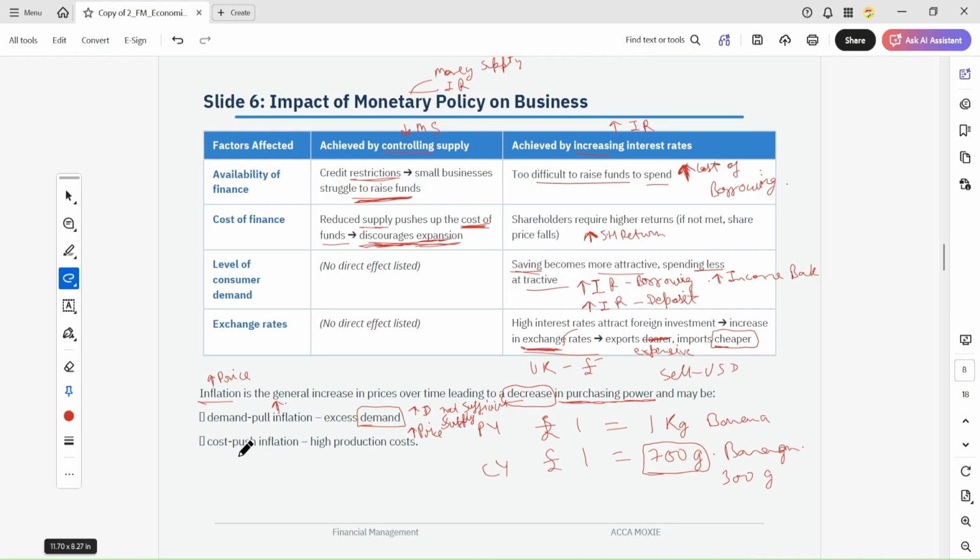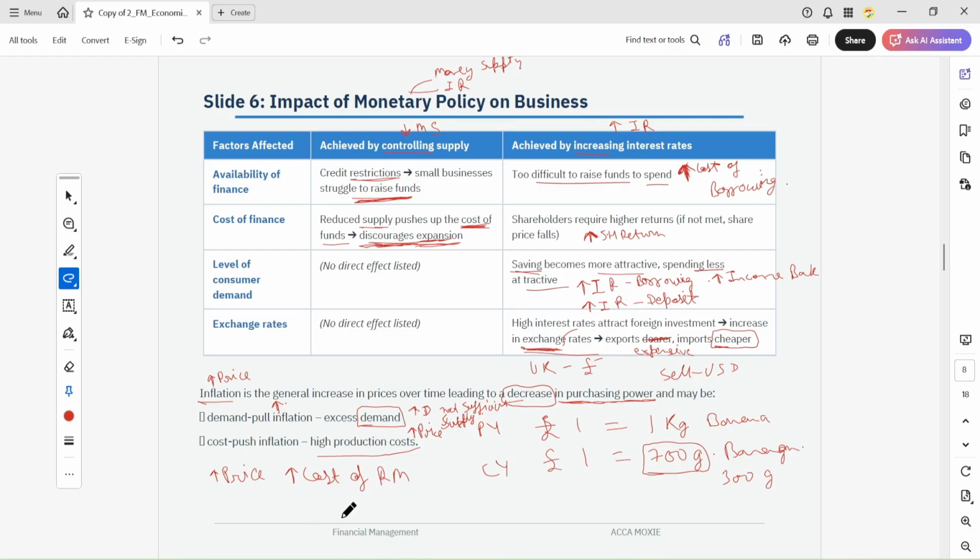Next is cost-push inflation. Cost-push inflation means higher production cost. Because of higher prices, your cost of raw material will increase.